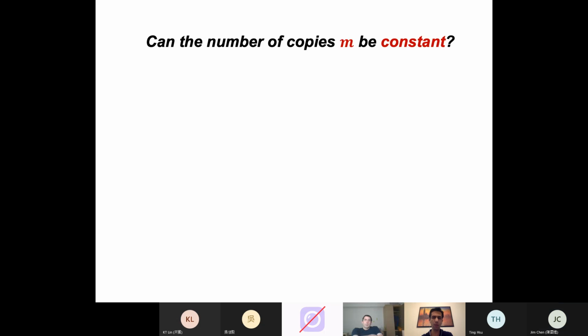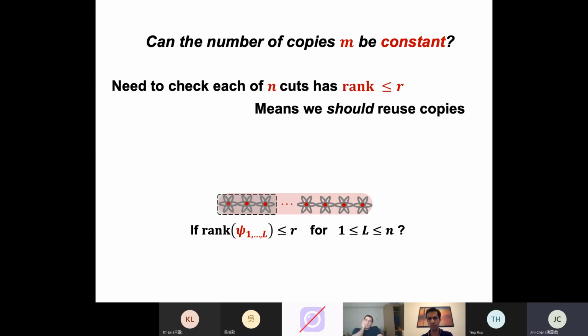So as I mentioned, our goal is to find the optimal algorithm that requires the fewest number of copies. Ideally, we can ask if a constant number of copies, independent of the number of qubits in the state, is sufficient. If you think about it, there are really two conflicting demands here.